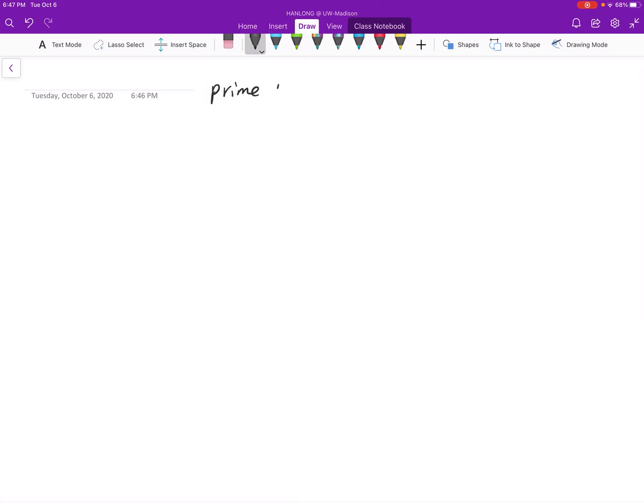Prime number theorem. So we introduce some special counting functions. I think the idea comes from probably Chebyshev, and much earlier we have Dirichlet, Euler, Gauss.